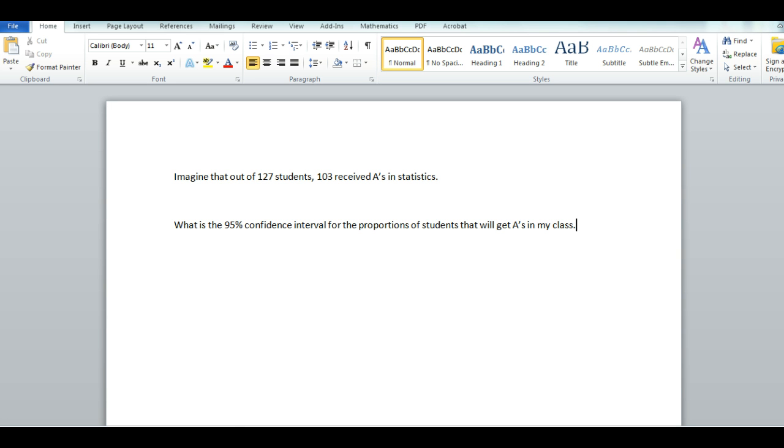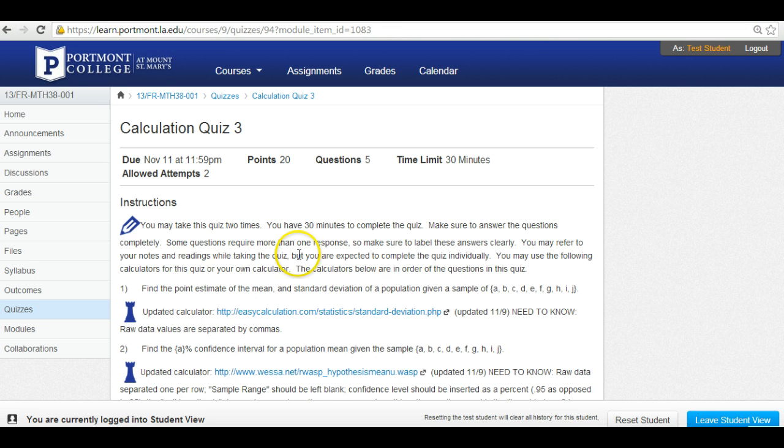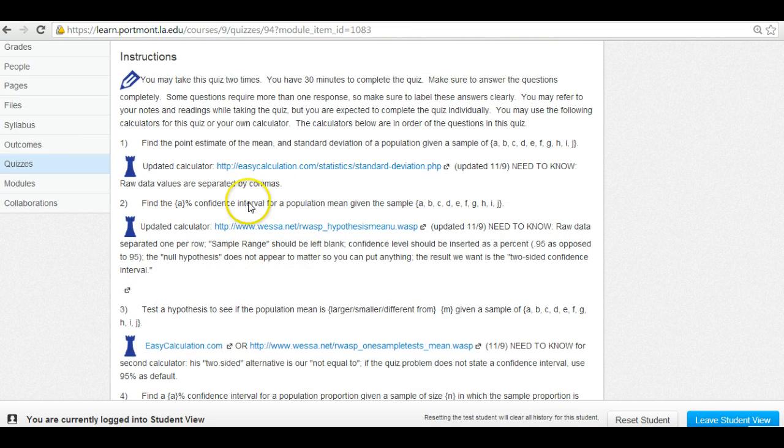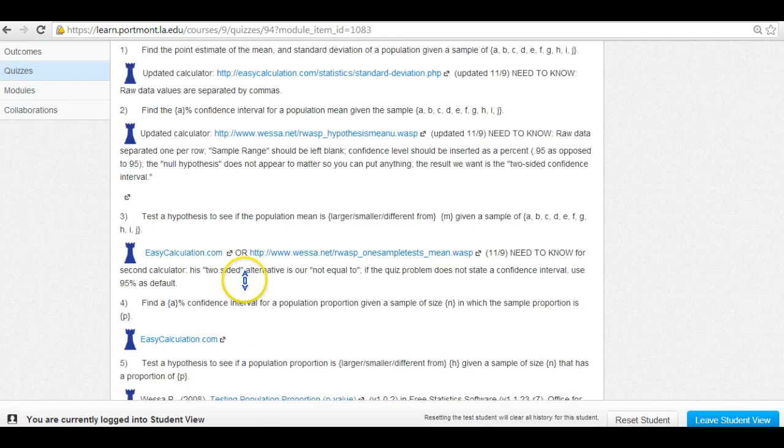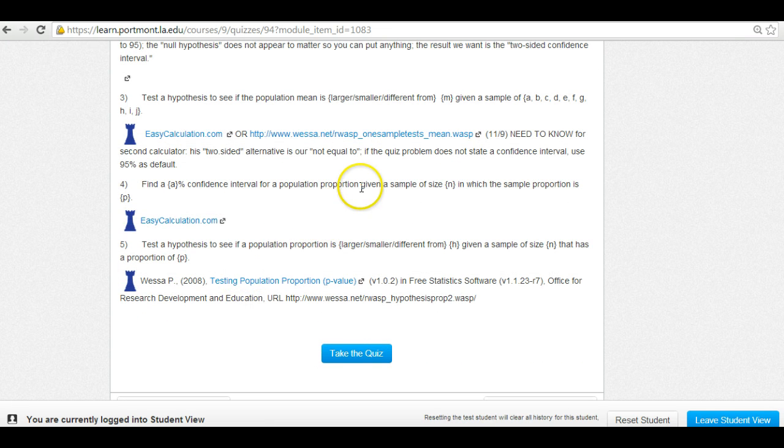Imagine that out of 127 students, 103 received A's in my statistics course. What is the 95% confidence interval for the proportion of students that will get A's in my class? Well, for the 95% confidence interval, we're going to go into the student view here, and we're looking for a confidence interval for a population proportion given a sample size.